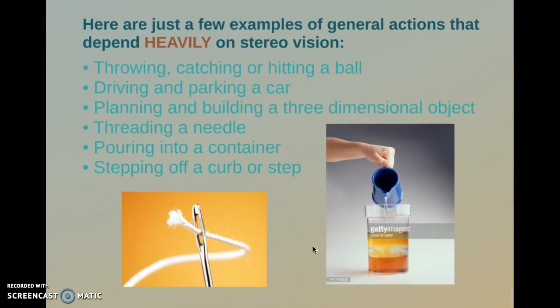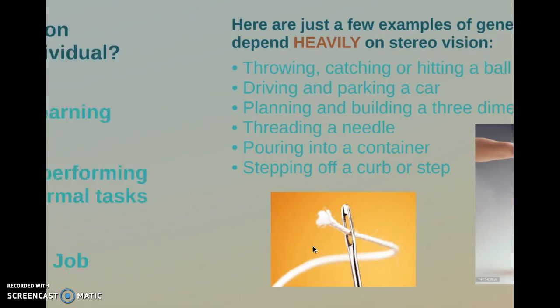And these are examples of general actions that depend heavily on stereo vision: throwing, catching, or hitting a ball, driving and parking a car, playing and building a three-dimensional object, threading a needle, pouring into a container, or stepping off a curb or step.